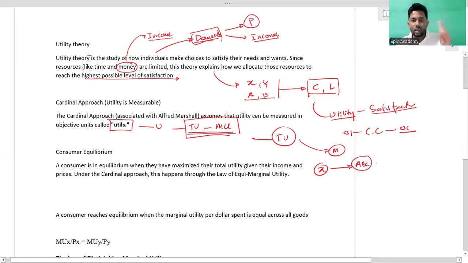His working time starts from 8 a.m. and ends at 4 p.m. If this man works an extra hour, I mean overtime, 1 hour, he can earn 2,000 rupees. Just assume that he can earn 2,000 rupees after working the additional hour.